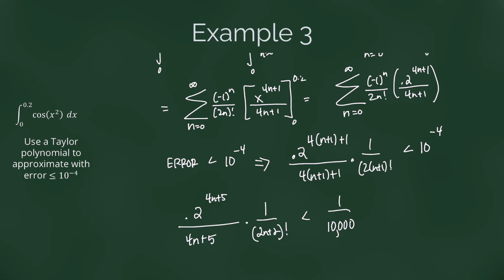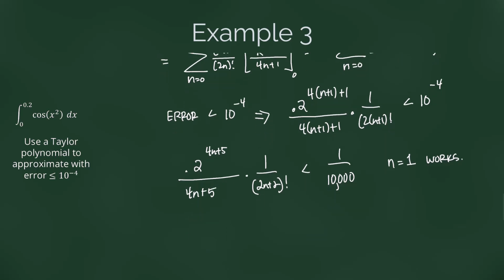And it turns out that we don't need n particularly large in order to make this happen. If n equals 0, we're really close, but in fact n equals 1 actually works to make our error smaller than that. You can just trial and error that on a calculator.